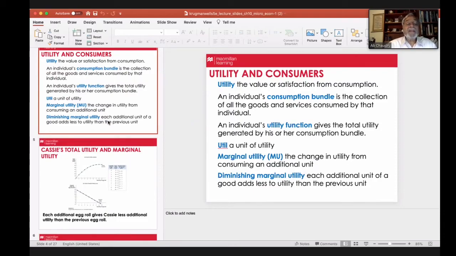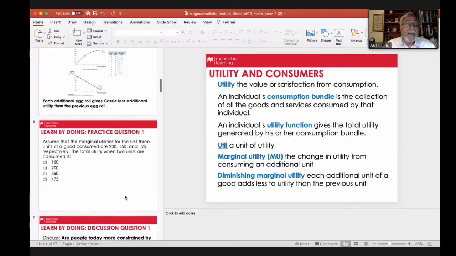We recognize that for each additional unit being consumed, the marginal utility, that is the additional utility, is smaller than what was realized at the previous point. And therefore, as the total satisfaction, total utility, increases, the incremental utility is declining. So the marginal utility is always going to be diminishing.